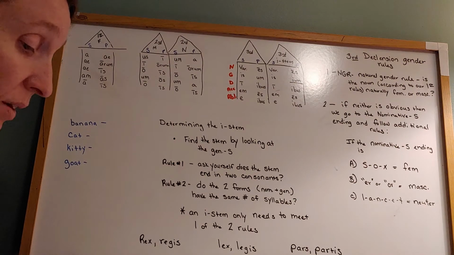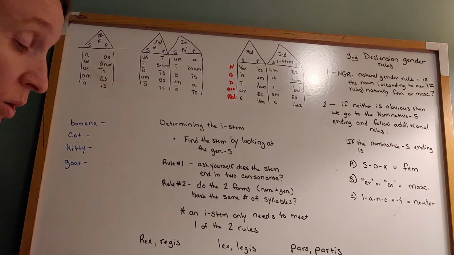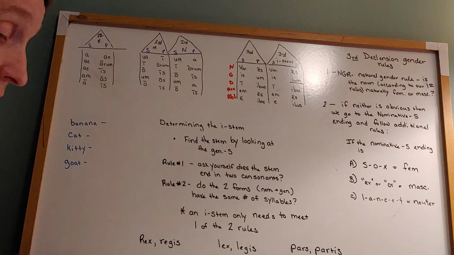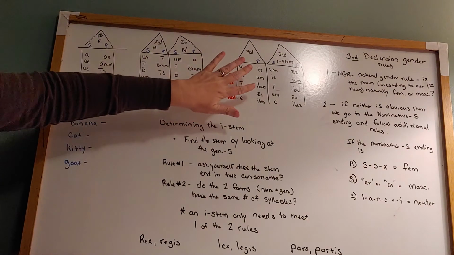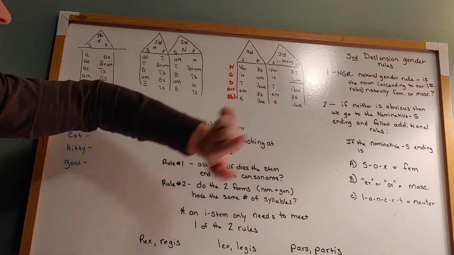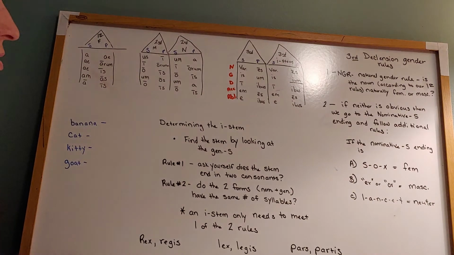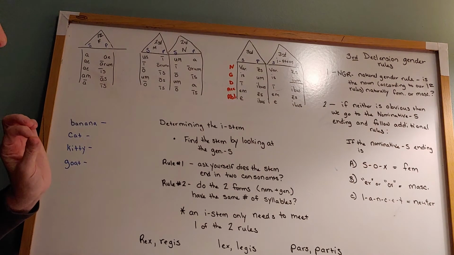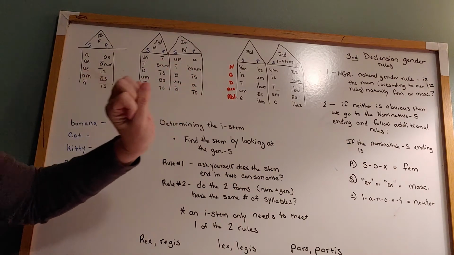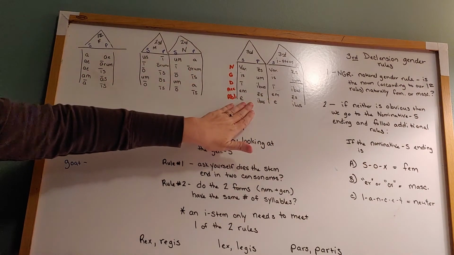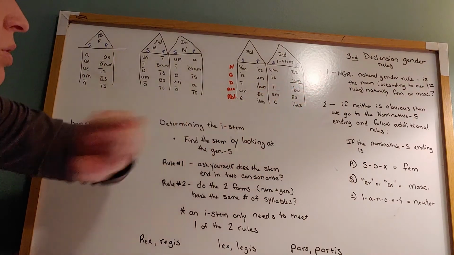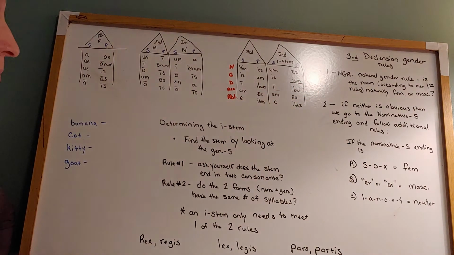Now, some nouns will be declined with these endings here, and some will be with these. These are called I stem. And notice the only difference between a third declension I stem and a regular third declension is the genitive plural, I-U-M.